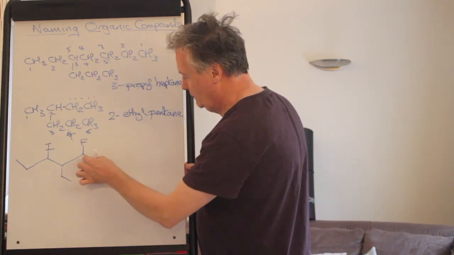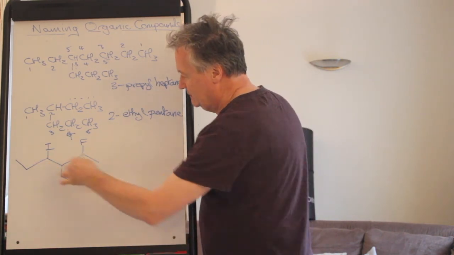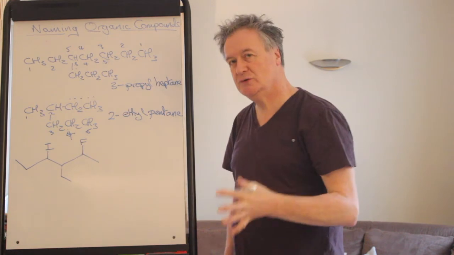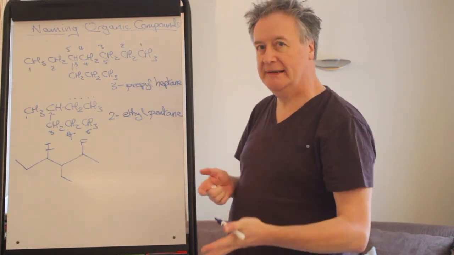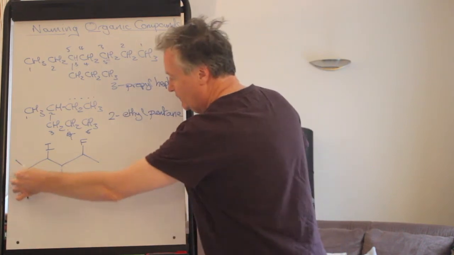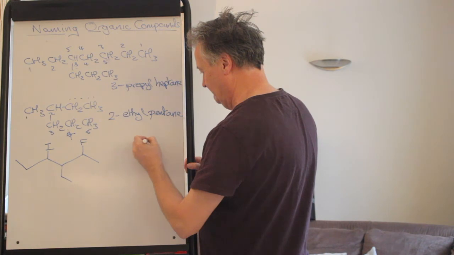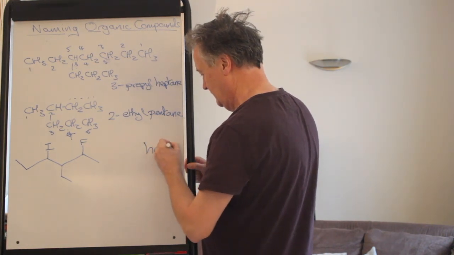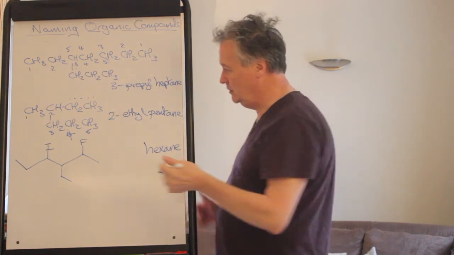Because if you went this way, 1, 2, 3, 4, 5. So it's not that one, that's not the longest chain. So it's 6. And it's the ones with the actual functional groups that are important enough to get a name in the molecule. So 6 that way isn't as important as 6 that way. So hexane, because it's an alkane, there's no double bonds.